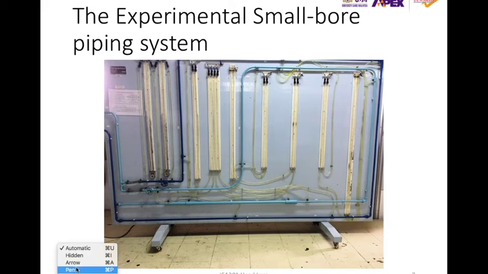Water comes in from this side, that's the inlet, and it goes through the system and gets split at this point to go into the light blue circuit that goes from here, up here, down here, and back out through the outlet.